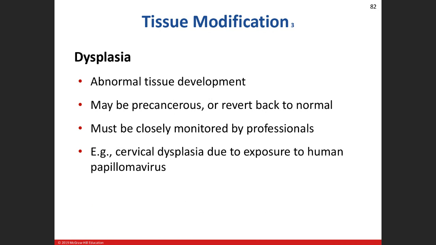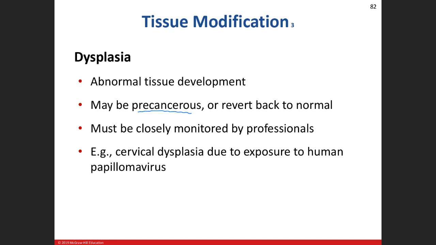So another type of tissue modification is called dysplasia. Now our tissue has actually changed into an abnormal type of tissue, often considered to be precancerous. When this is detected, doctors want to keep that tissue under close observation.